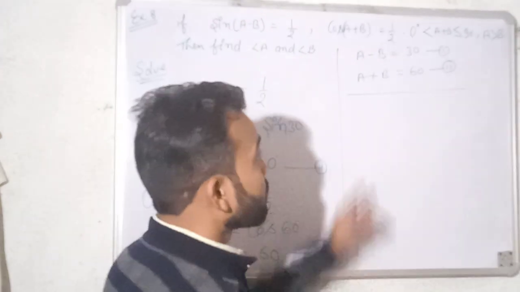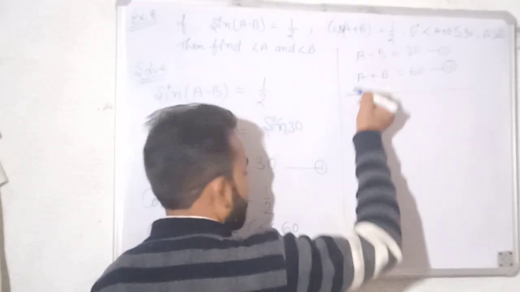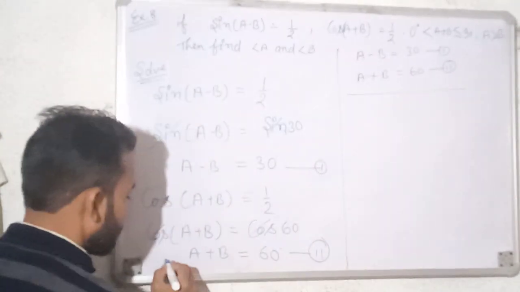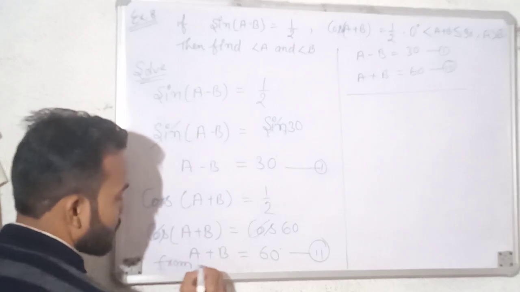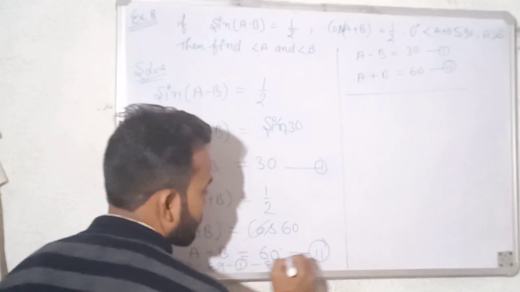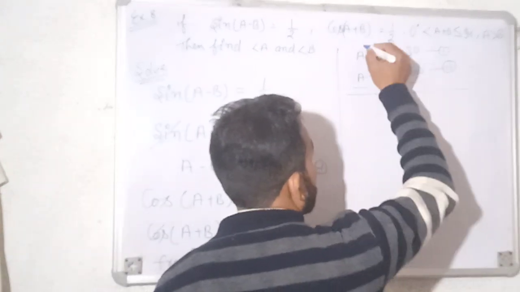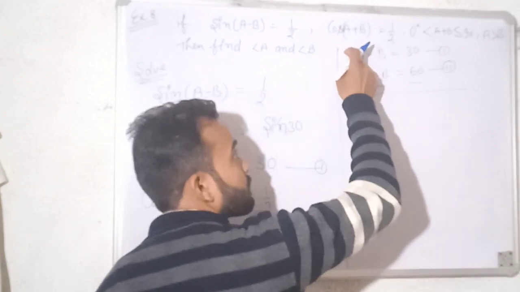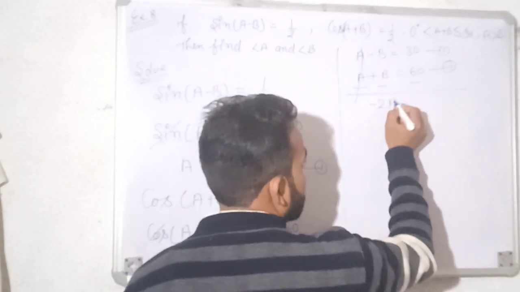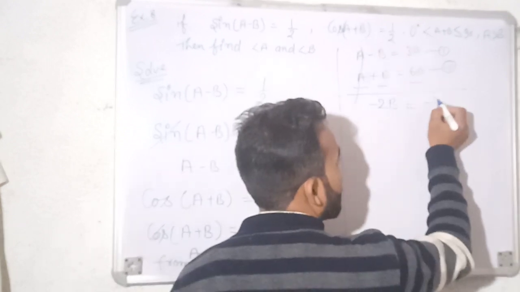Here we change the symbol of the second equation, so equation first minus equation second. The A terms cancel out, because it is plus and it is negative. Minus B minus B becomes minus 2B is equal to 30 minus 60, which is minus 30.